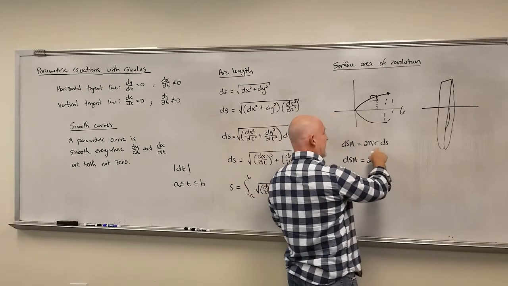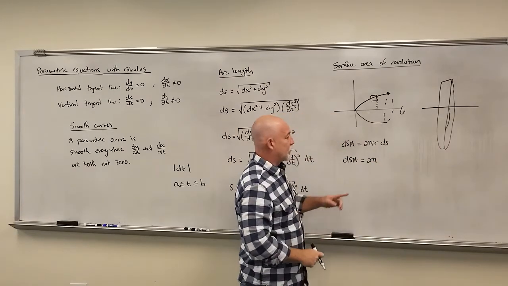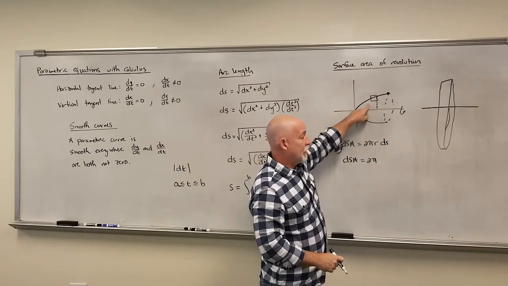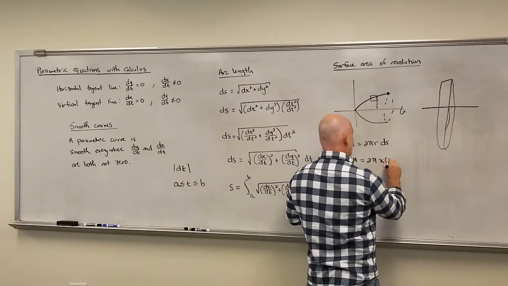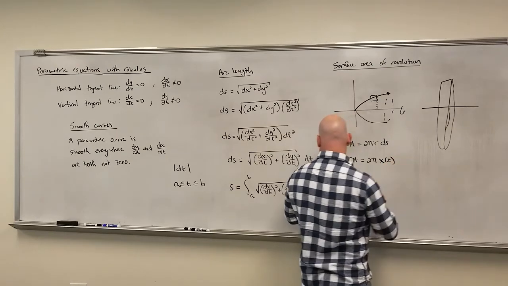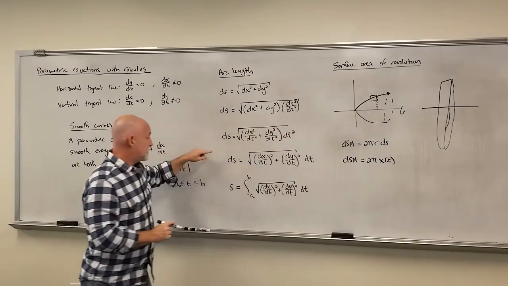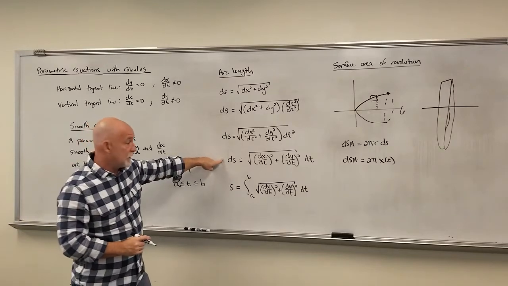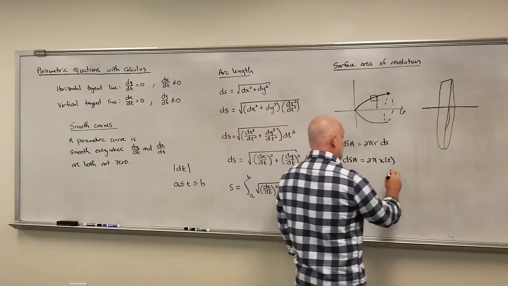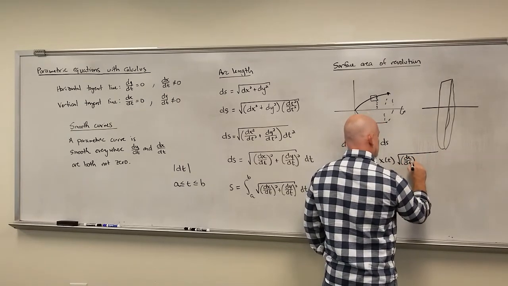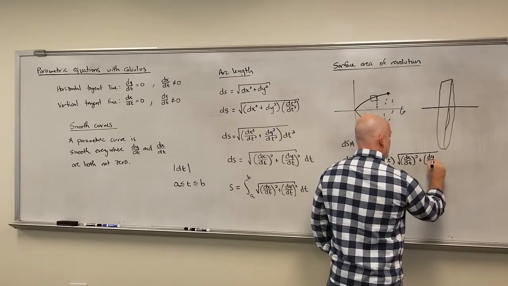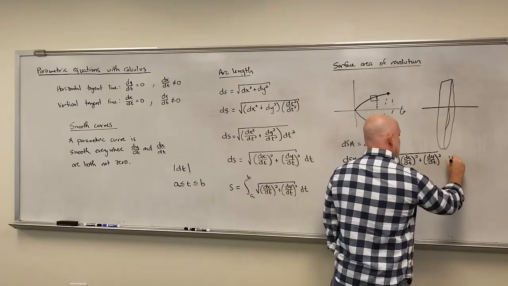The radius depends on what we're revolving around. If we're revolving around the x-axis, that would be our x of t. And ds, well, we know what ds is. We just did that 2 seconds ago. There's our definition of ds. This will be the square root of (dx/dt) squared plus (dy/dt) squared, dt.